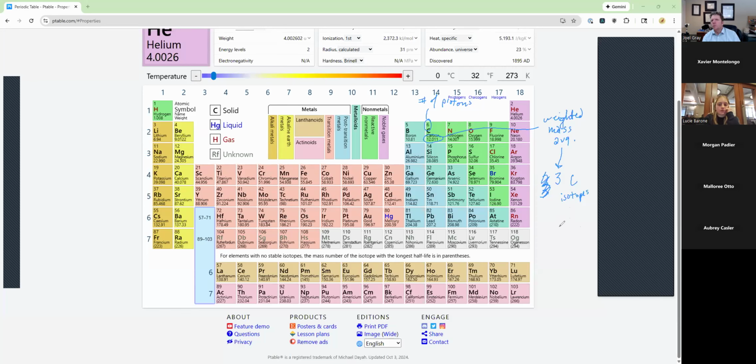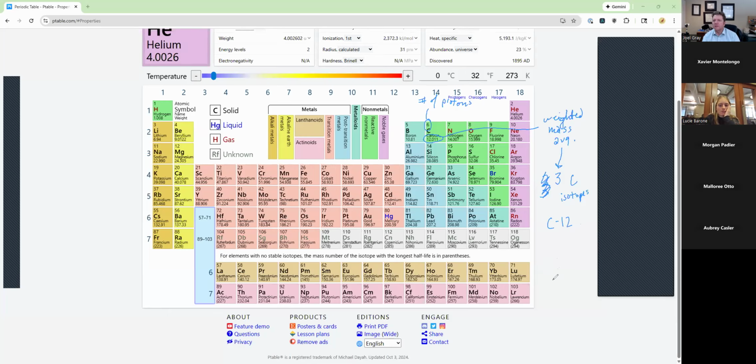Okay. Now, could anyone tell me what is the mass of at least one of those isotopes? I'll give you a little bit of a hint. It's not going to be 6, 12. Perfect. Well, not 12.011, but we're just going to go with 12. So there's carbon 12.